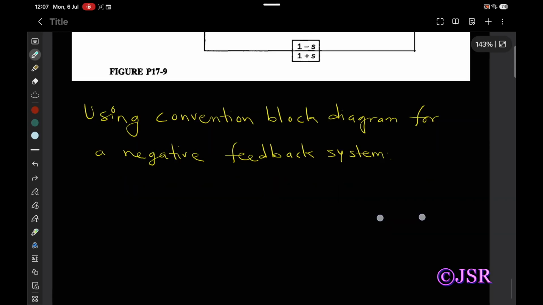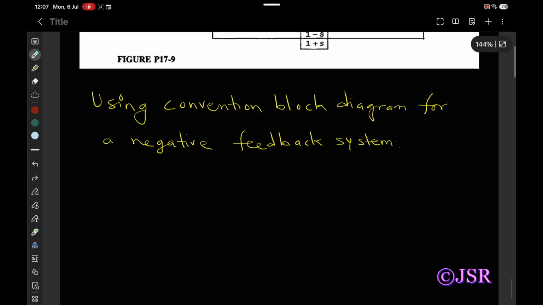So using the conventional block diagram for a negative feedback system, let's draw a conventional block diagram as follows.